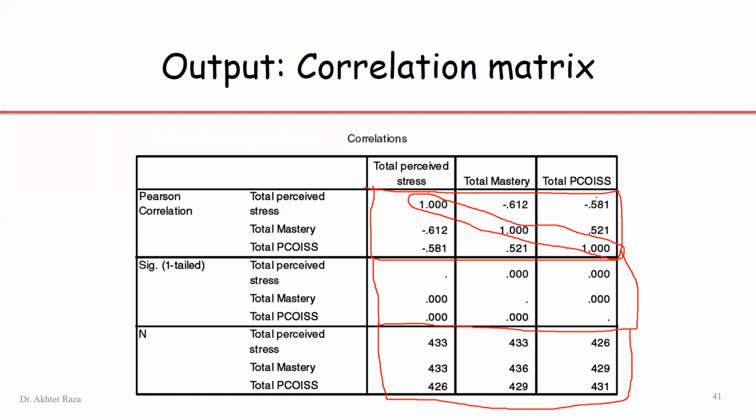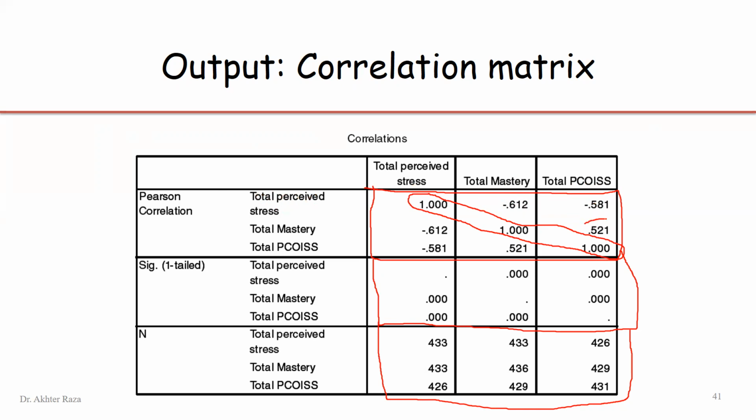In the same way, if we have a higher control on internal state, that is also producing small values of the stress. So these two correlations are negative, because these two variables are impacting the stress in a negative pattern, or inversely proportional.